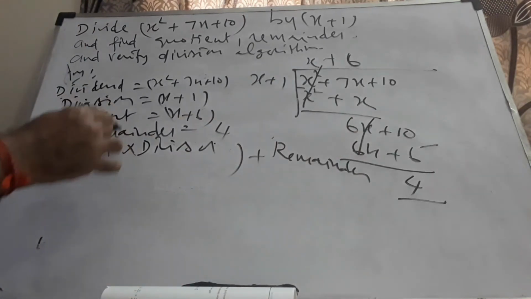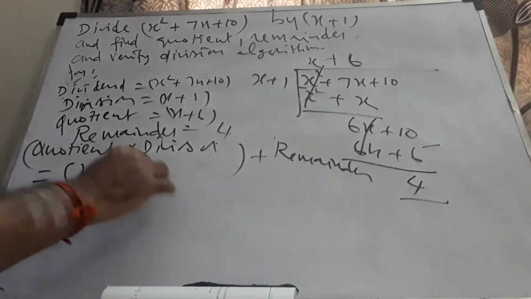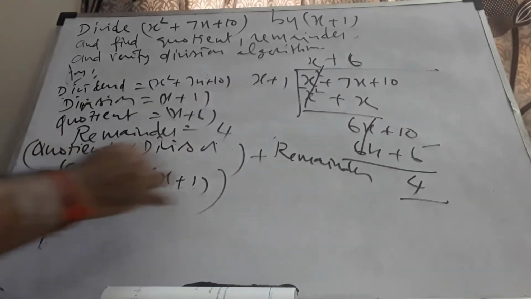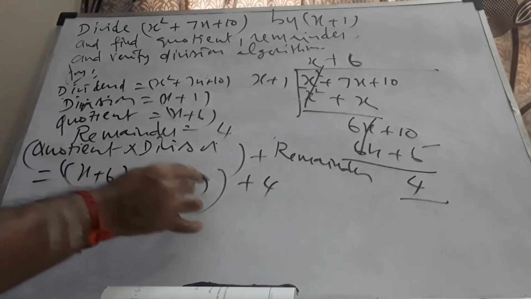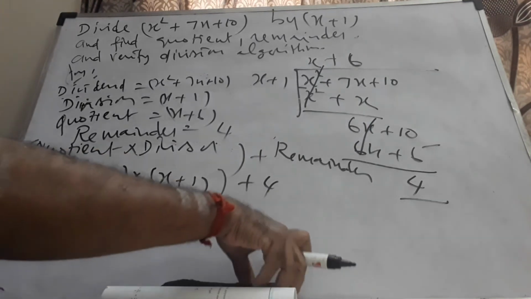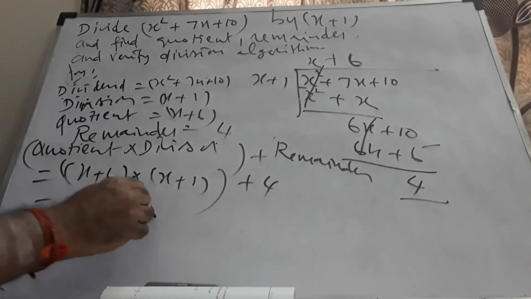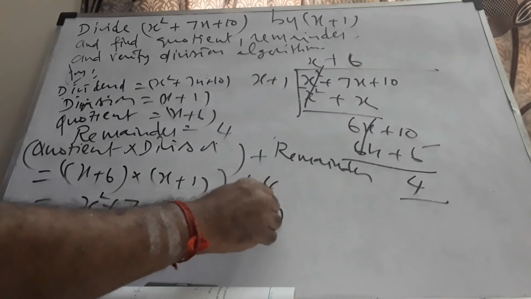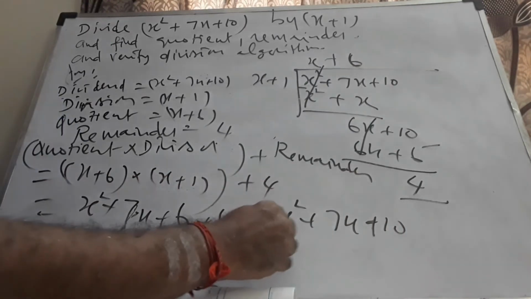The quotient is x plus 6, the divisor is x plus 1, the remainder is 4. This becomes x square plus 6x plus x is 7x, plus 6 plus 4, which is x square plus 7x plus 10, which is equal to the dividend.